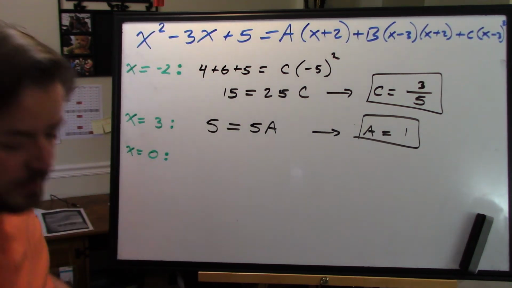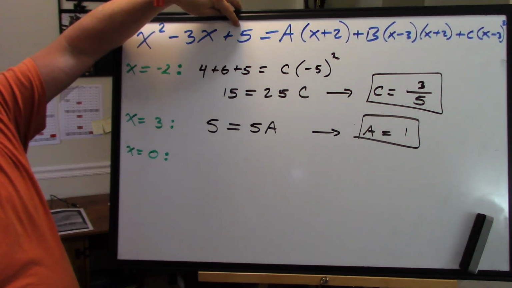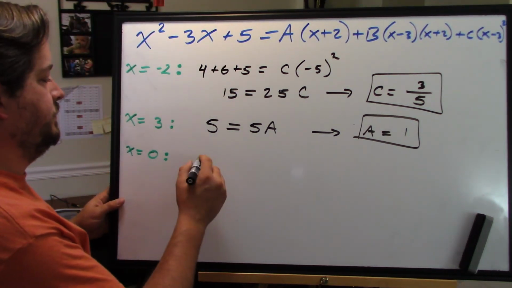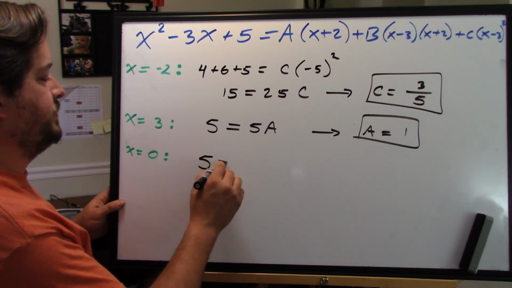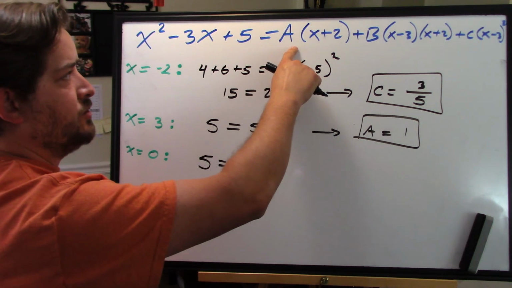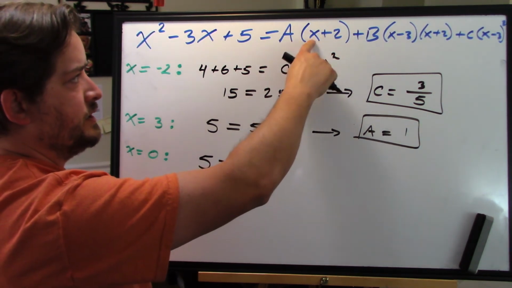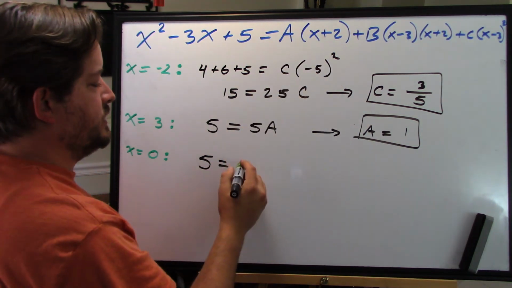If x is equal to 0, x squared is 0, 3x is 0, and I just have a 5 on the left-hand side. On the right-hand side, well, I know a, so a is 1, x is 0, so I have 1 times 0 plus 2, which is 2 times 1, so that's just 2.